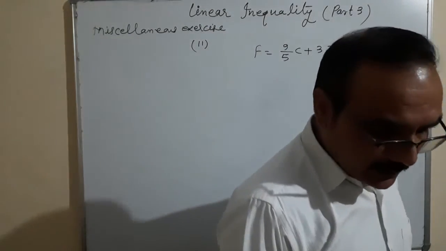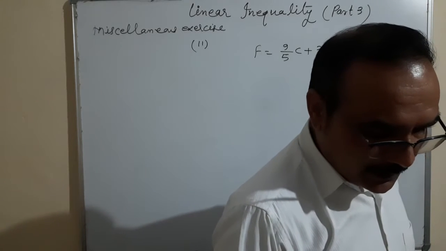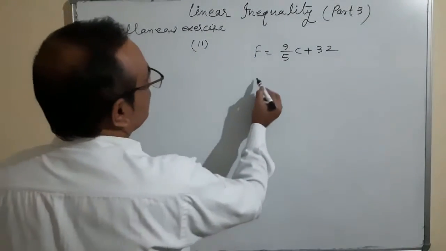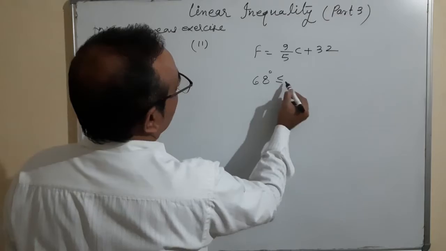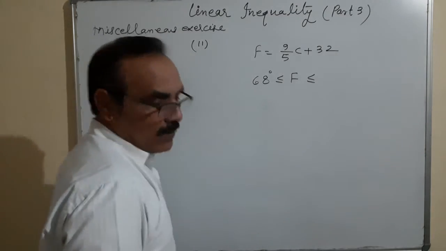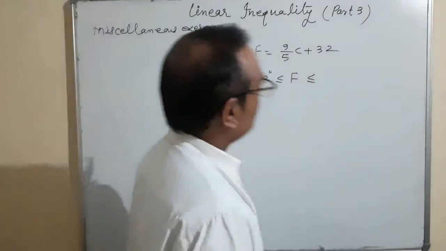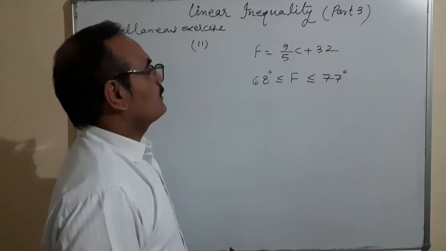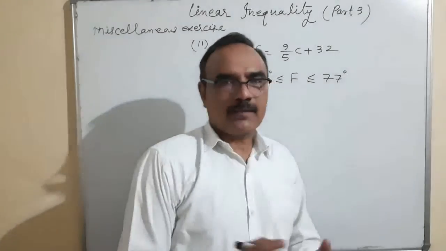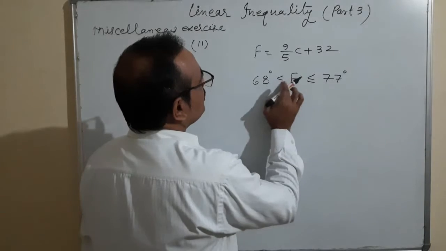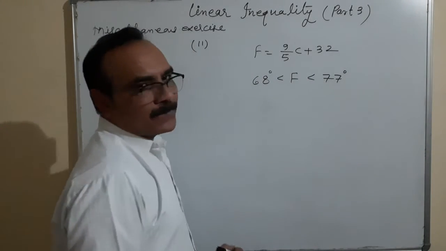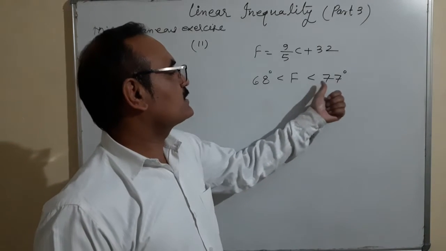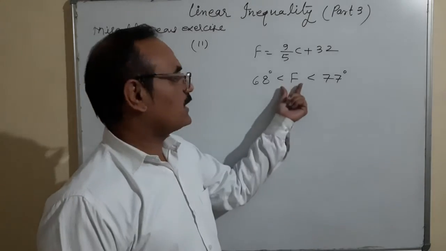It is given that the solution is to be kept between 68 degrees Fahrenheit and 77 degrees Fahrenheit. When we use the term between, what does it mean? It is strictly less than. So 68 is less than F, which is less than 77. This is the range of Fahrenheit.